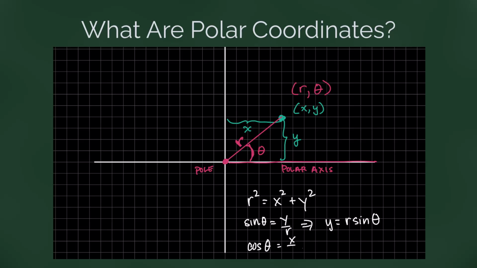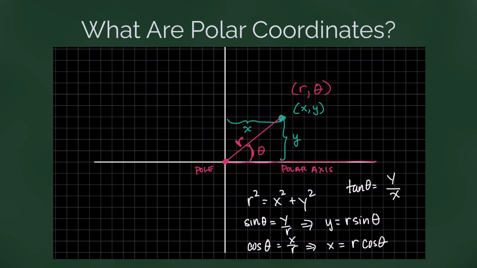Similarly, the cosine of theta is equal to x over r, so that x is equal to r times the cosine of theta. Lastly, we can see that the tangent of theta is equal to y over x.